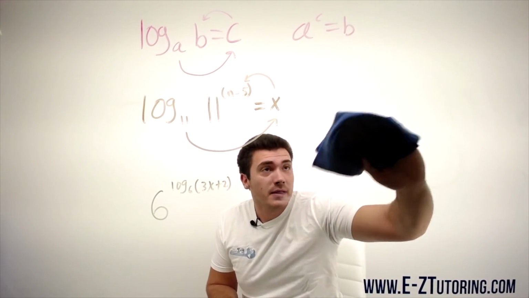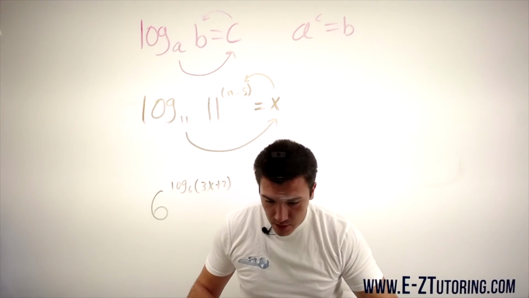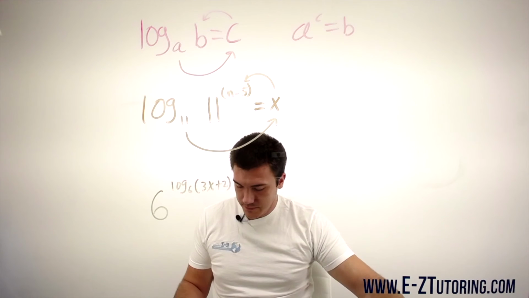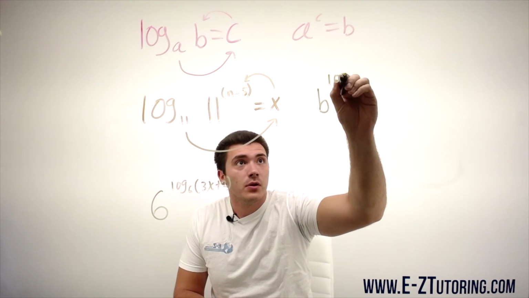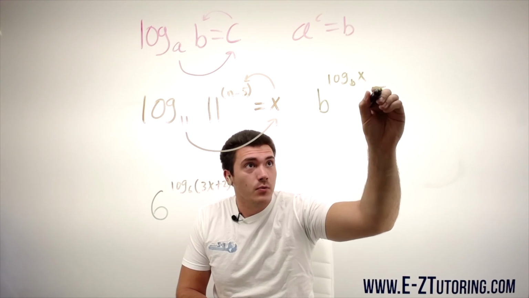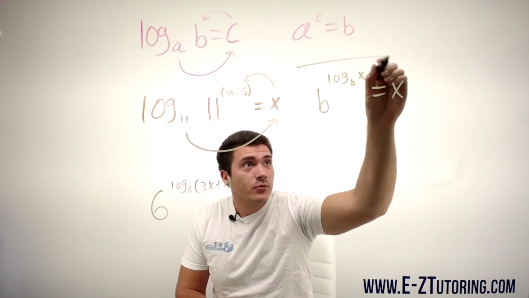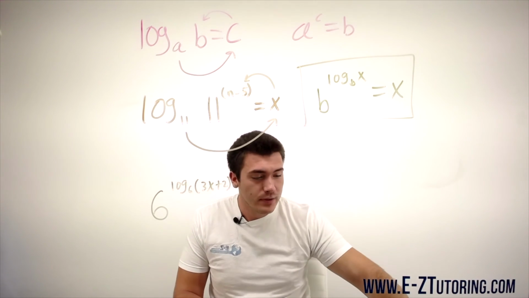So I'm going to make some room on the board here. So this rule says that b to the power of log base b of x equals x. Now this rule is very important to know when evaluating logarithmic expressions.